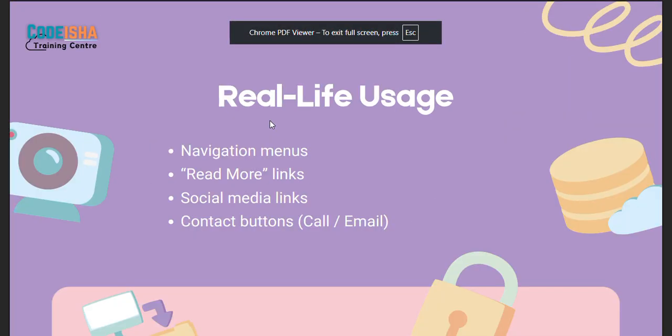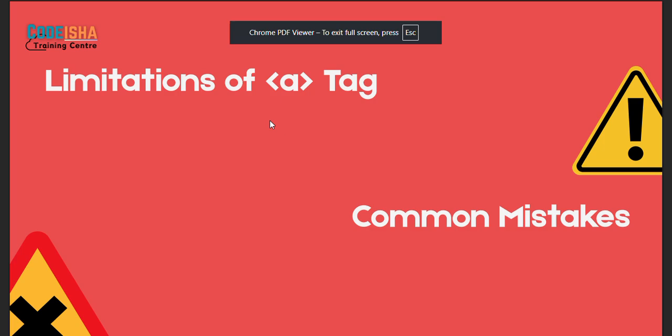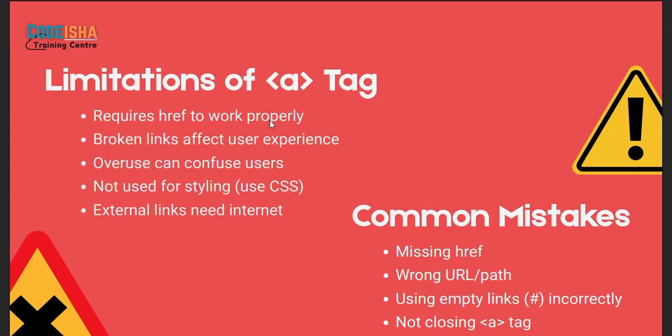Open that, and here are the limitations of the a tag and also common mistakes. Let's see what the common mistakes and limitations are for the a tag. Coming to the limitations, it requires href to work properly. Broken links also affect user experience.